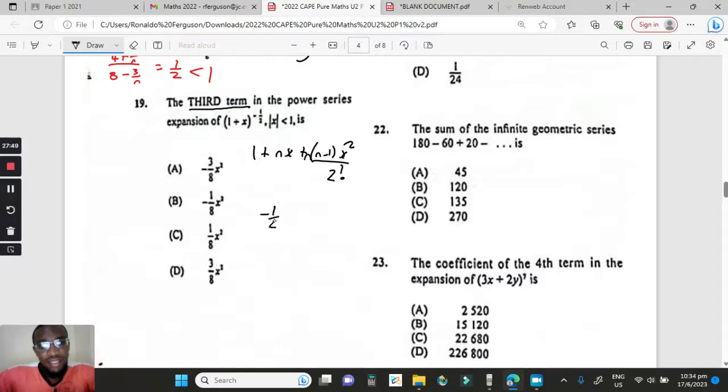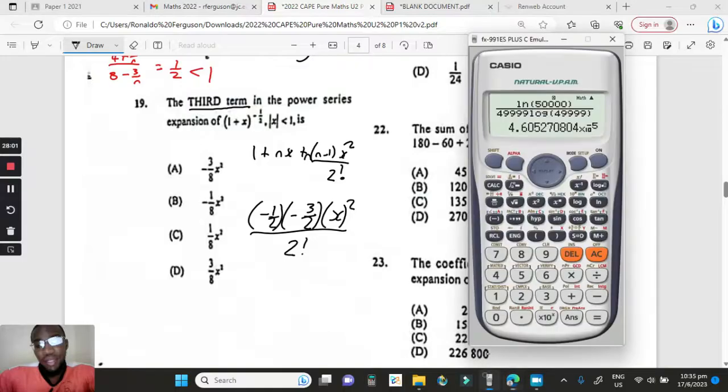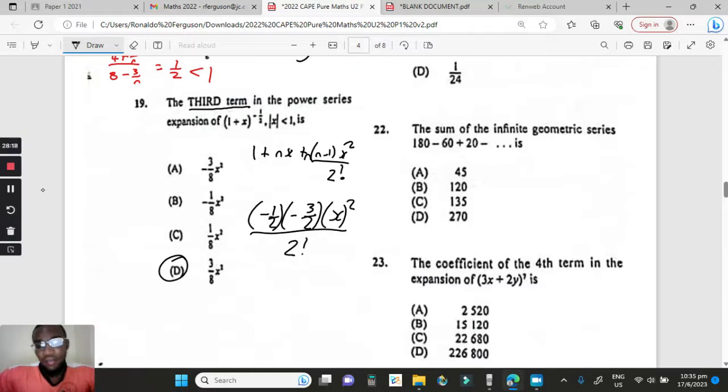So it's -1/2 times n - 1, which is -1/2 - 1, which is -3/2. This is now x squared divided by 2 factorial. Working out that part, this is now -1/2 times -3/2, and we divide that by 2 factorial. It's 3/8 x squared.